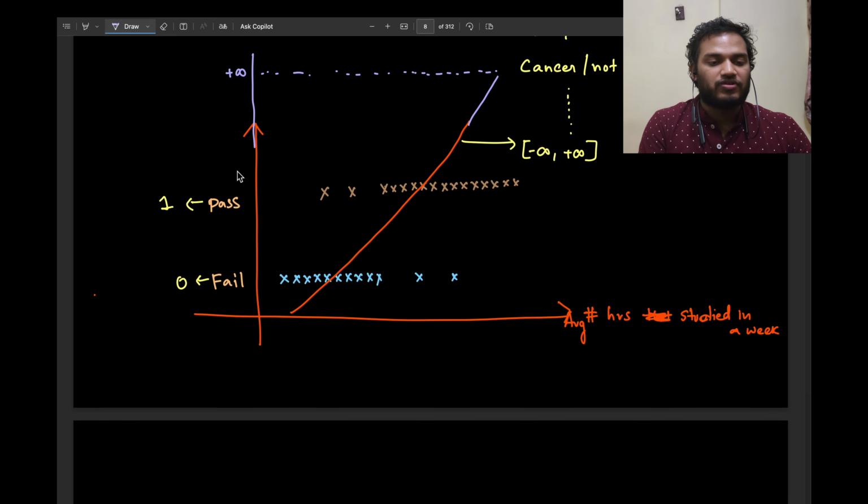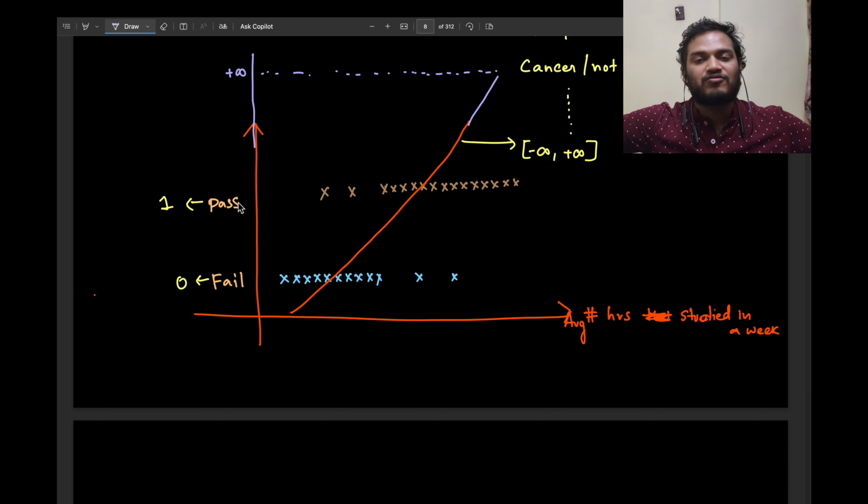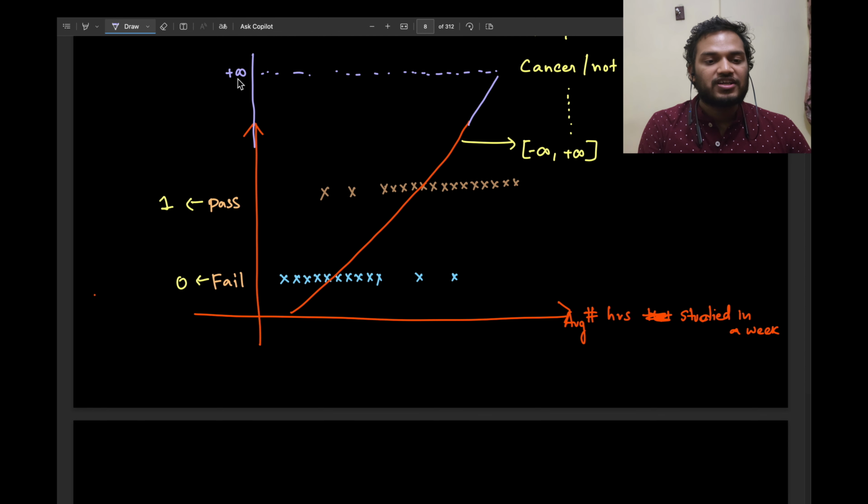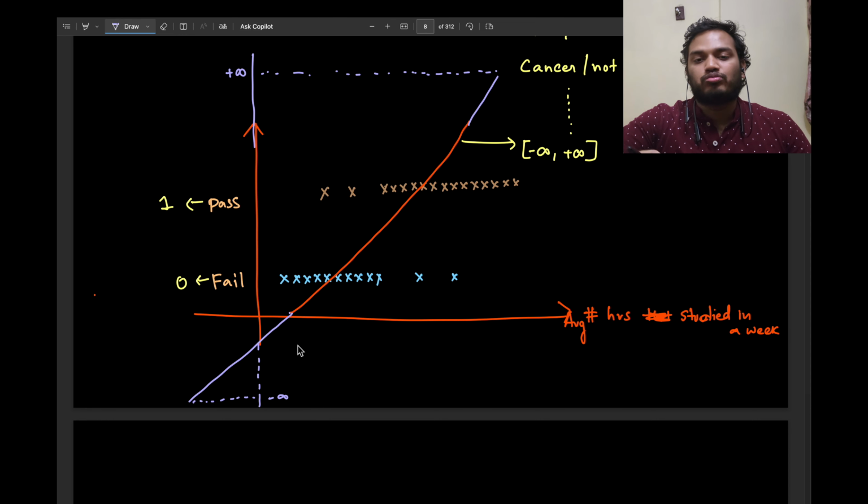It is just a straight line, so we can extend it as much as we want. If we extend it, at some point it can go till plus infinity. And similarly, if we extend it down like this, at some point it can go till minus infinity. Like that, the output given by this line can range anything between minus infinity and plus infinity. What are the outputs that we are interested in? In a binary classification problem, we want the output to be either 0 or 1.